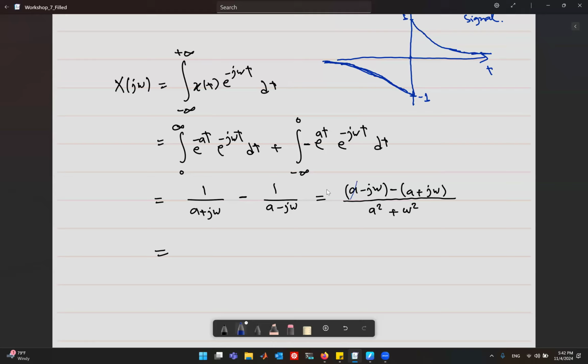The real part cancels out, so the only remaining term is the imaginary. So we have minus 2 j omega divided by a squared plus omega squared.